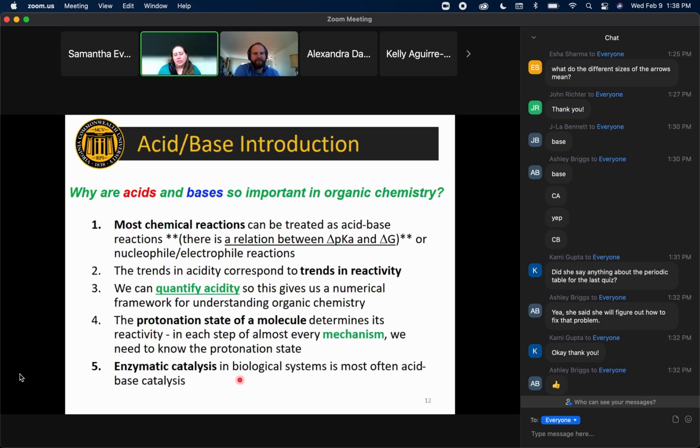And then finally, I just want to mention that in enzymatic catalysis, so all of the different biochemical reactions that are going on in your body right now, most of those are being catalyzed by protein-based enzymes. Many of those enzymes work by creating a little space, holding the substrate in exactly the right way, so that they can locally change the capability of a molecule to be deprotonated or protonated.